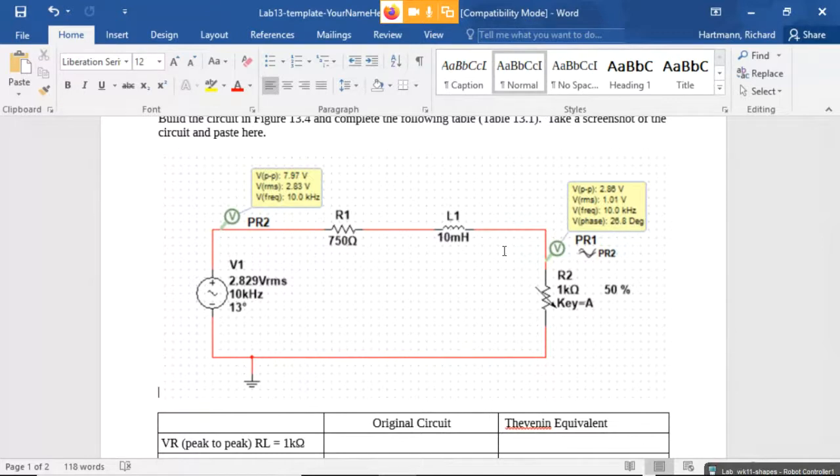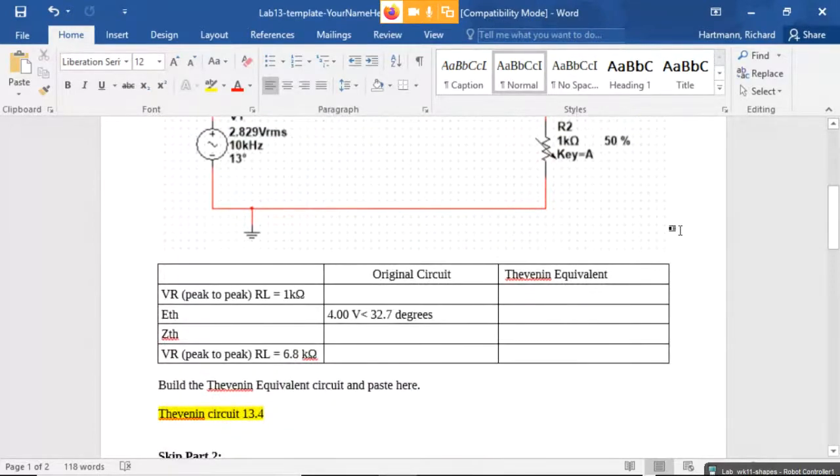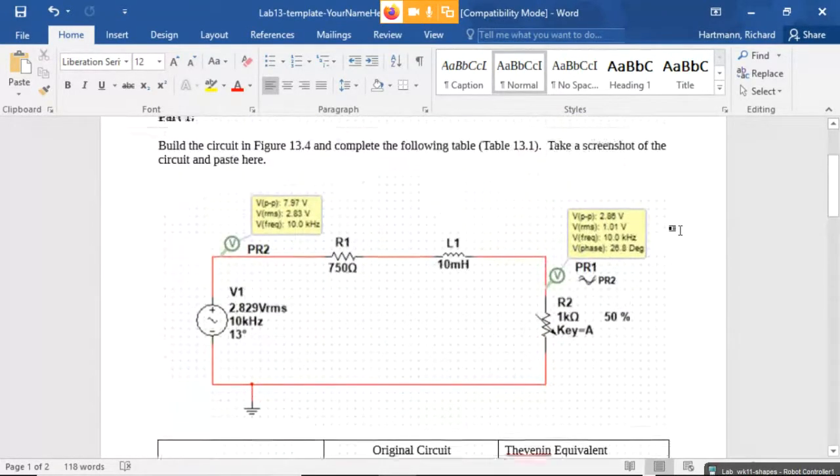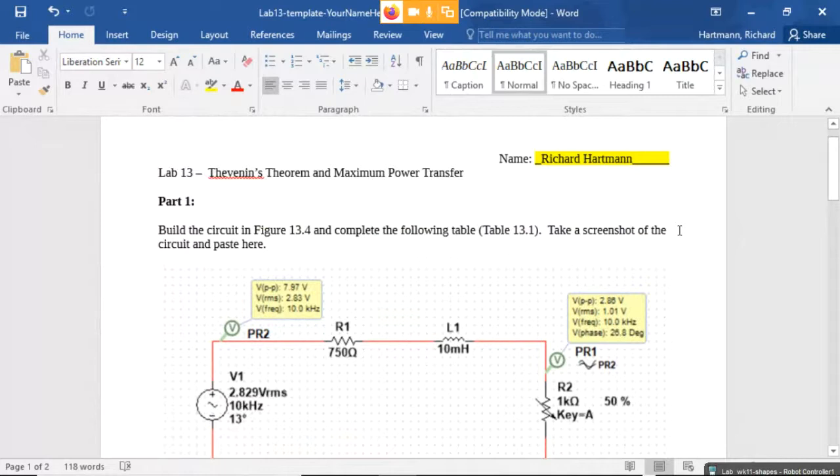I don't really care what version of circuit simulation you use, as long as it works and you get the right values, and you can take a snapshot of the circuit and throw it in here. But I can't really help you with the other ones. Multisim's the only one I really work with.